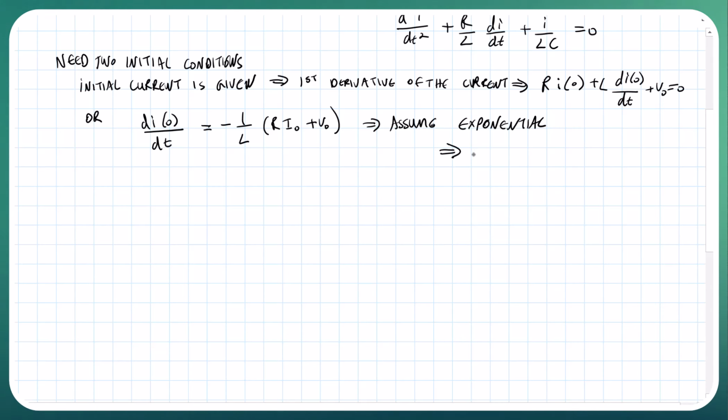What that means is we can say our I is going to equal some constant A e to the st. If we do that, now we can substitute this back into the equation, and we'll get A e to the st times s squared plus R over L times s plus 1 over LC, all equals 0.